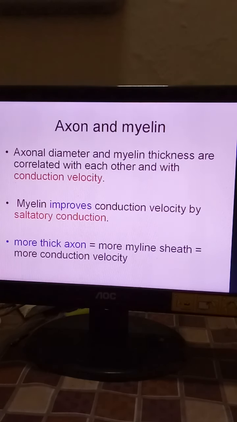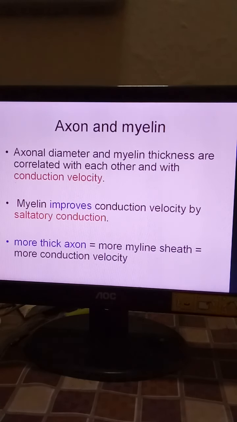Myelins are basically the covering of the axons in a very similar manner as the plastic coating of our electrical wires. There is a relation between the thickness of axonal diameter and the myelin. More is the thickness of axon, more it will have the myelin sheath and more it will have the conduction velocity.